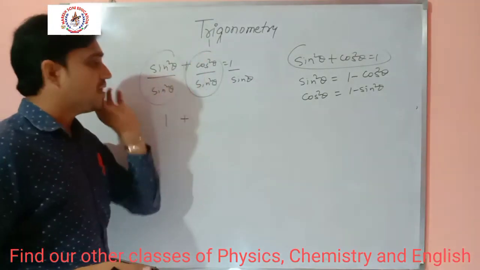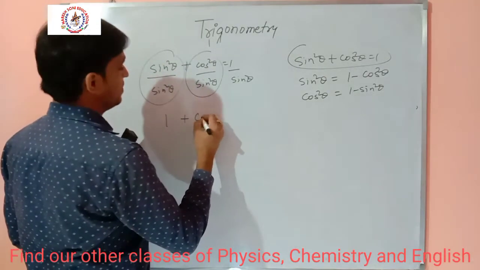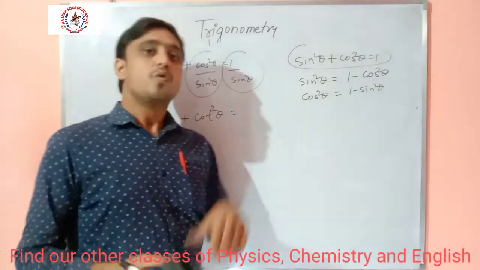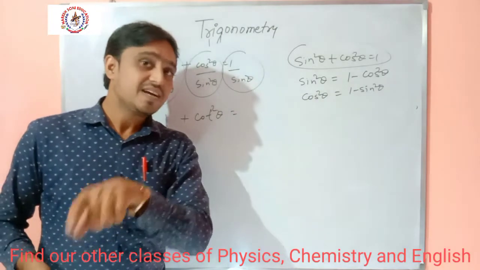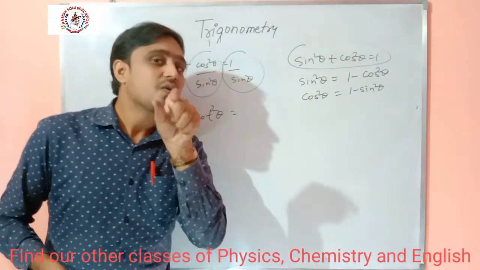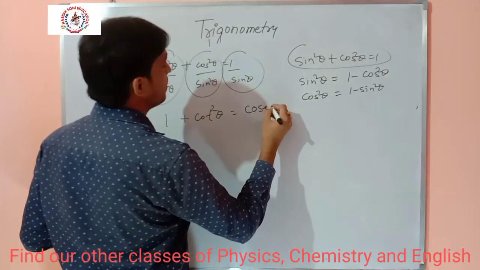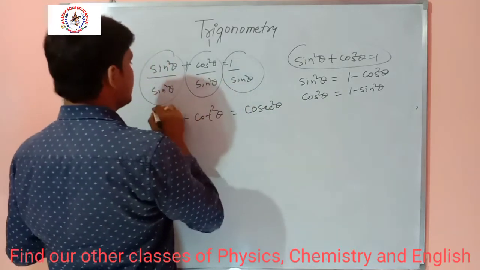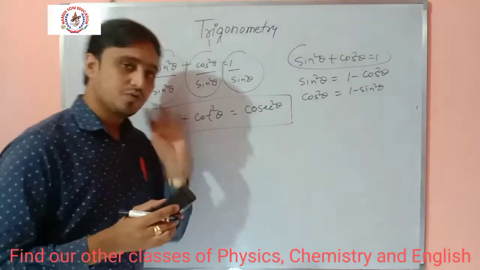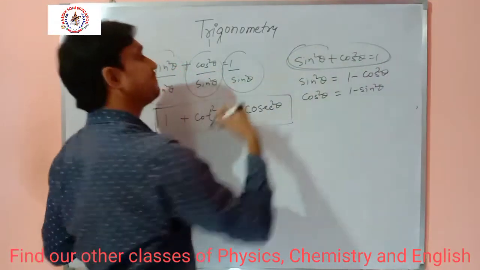So cos square theta upon sin square theta is cot square theta, right? And 1 upon sin square theta: 1 upon sin theta is cosec theta, so 1 upon sin square theta is cosec square theta. So you write cosec square theta. One more identity: 1 plus cot square theta is cosec square theta. You have derived this identity from this one.